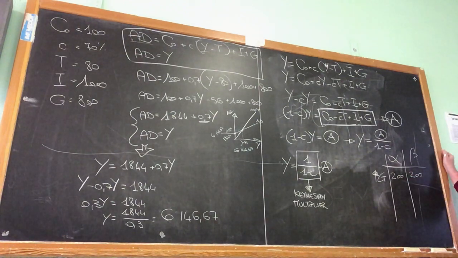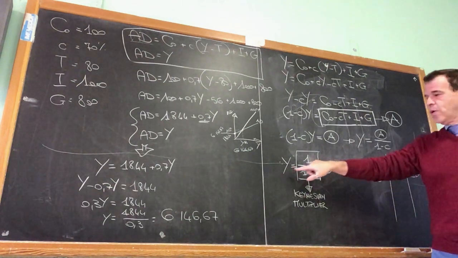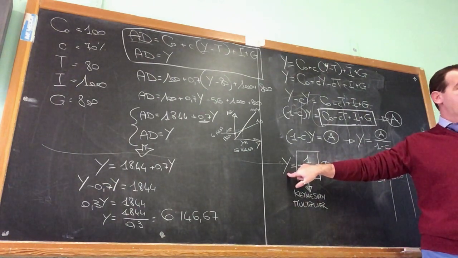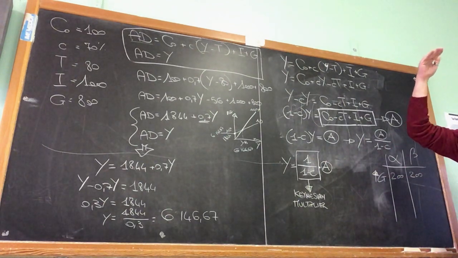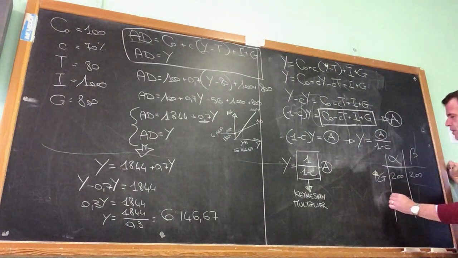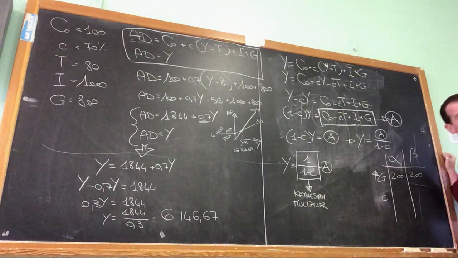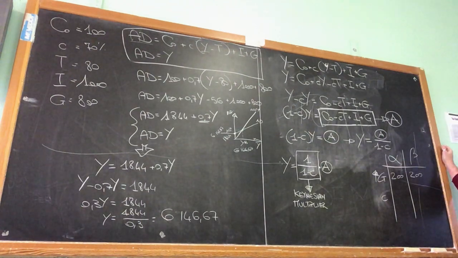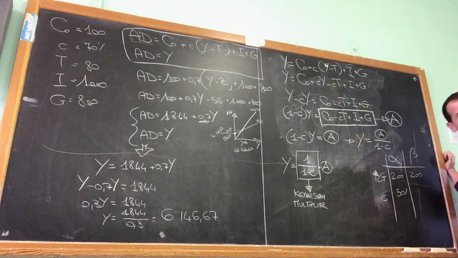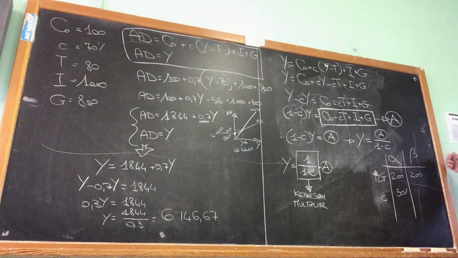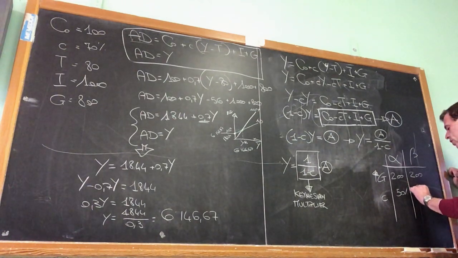Same increase, correct? So they both will have an effect on the income. The national income will increase. But those countries have different propension to consume. Country alpha has a propension to consume of 50%, and country beta has a propension to consume of 90%.